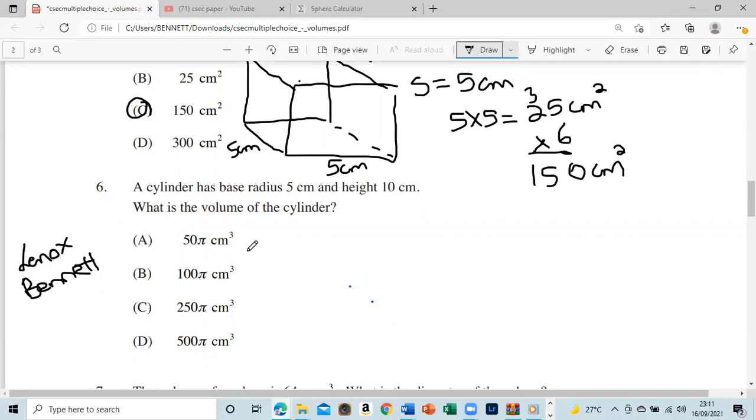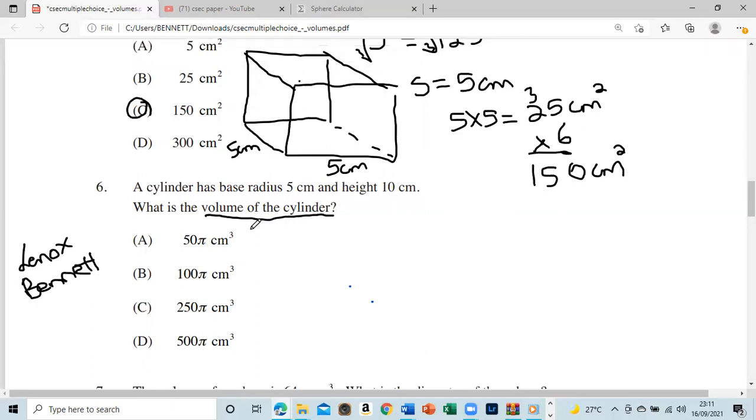Now the volume of a cylinder is basically the area of the circle times the height. Everybody must know a cylinder.